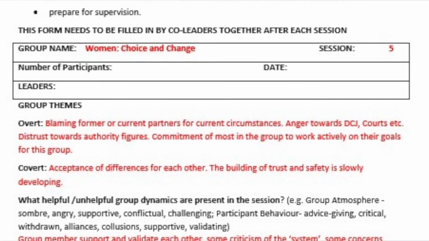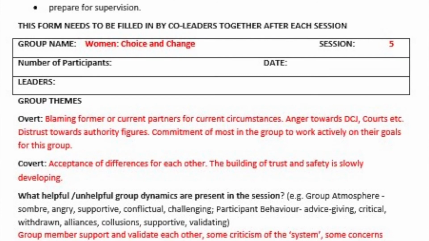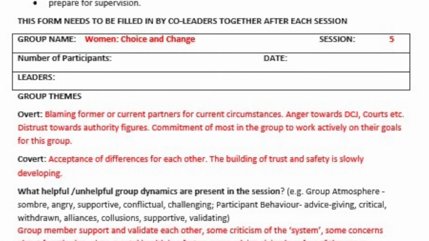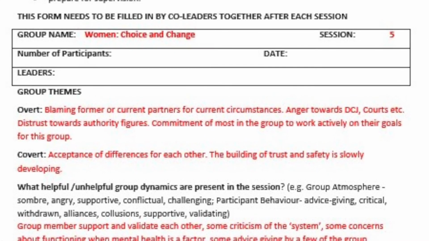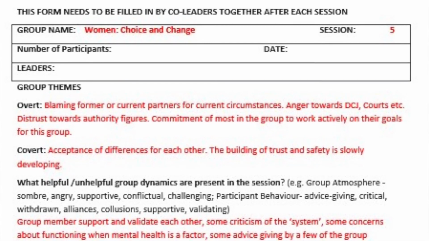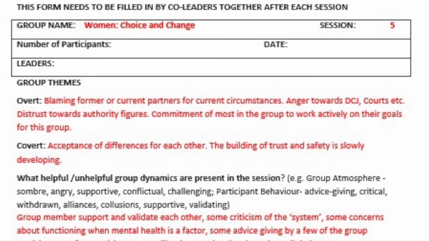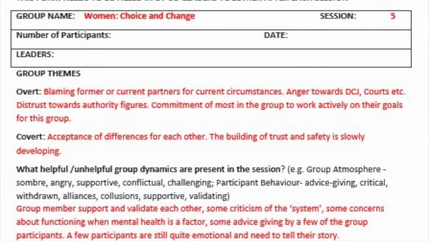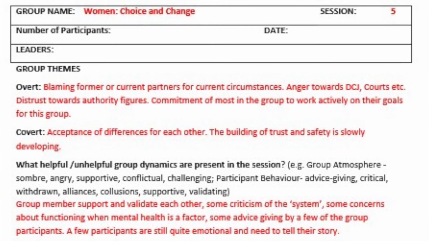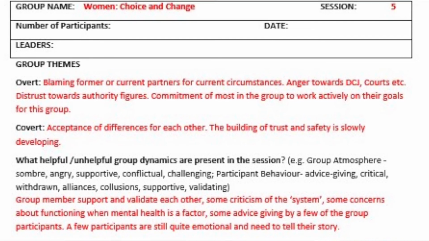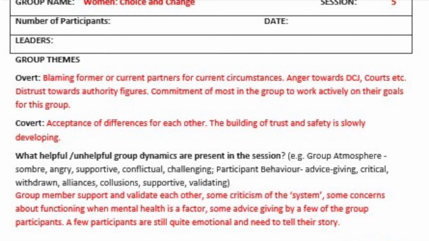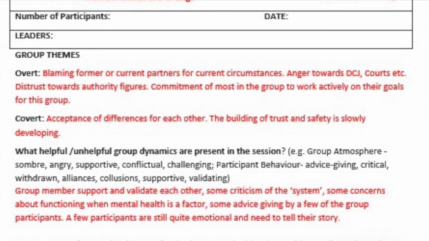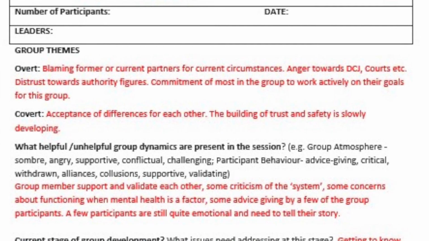So an example of an overt theme might be that an overt basically means something that's quite open and it's very clear and it's present. It could be the blaming of their partners for their current circumstances, and you're noticing the aggression and the frustration from clients in the group.